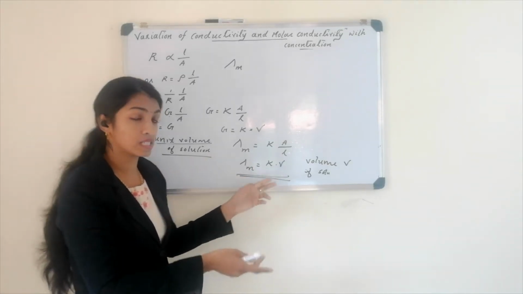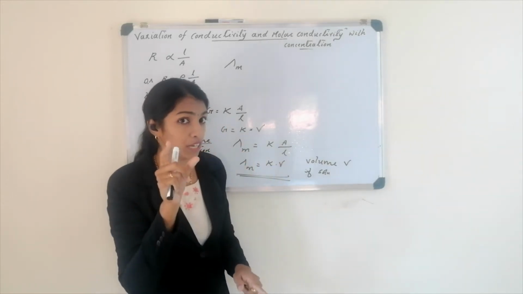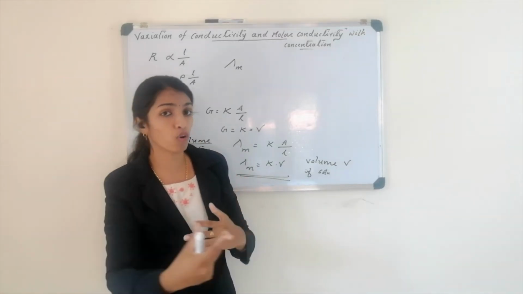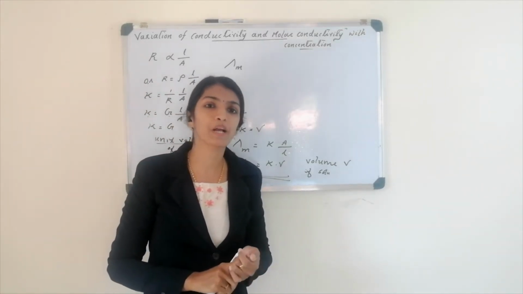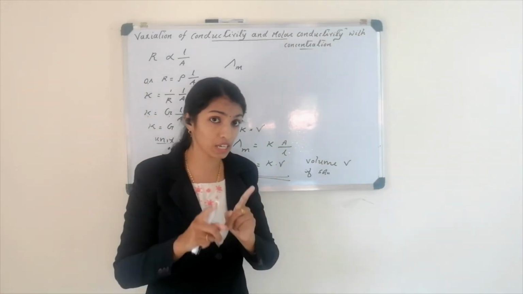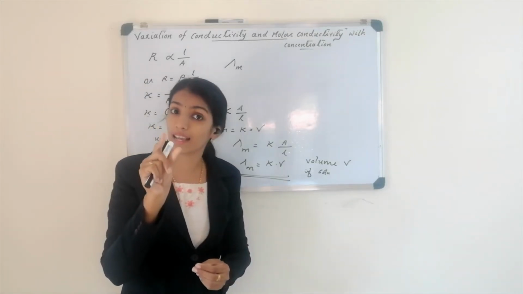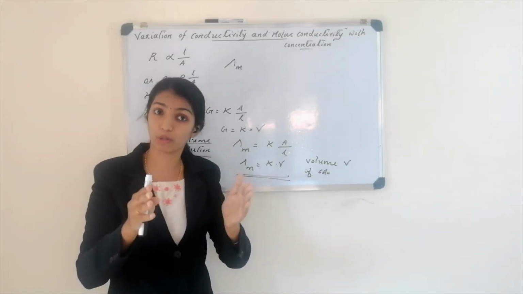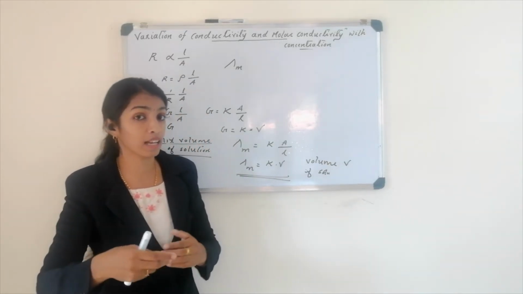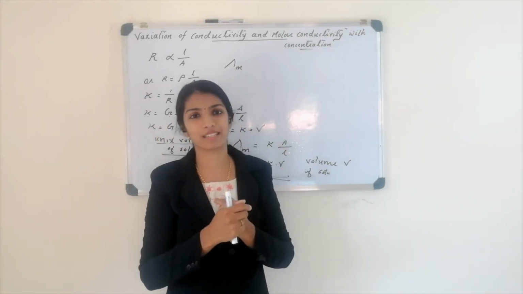Molar conductivity is the conductivity of volume V of a solution containing 1 mole of the electrolyte. If that 1 mole of the electrolyte is present in large volume, its molar conductivity value will be maximum. It is kept between two platinum electrodes of unit distance, with an area of cross section large enough to accommodate that 1 mole of the electrolyte.